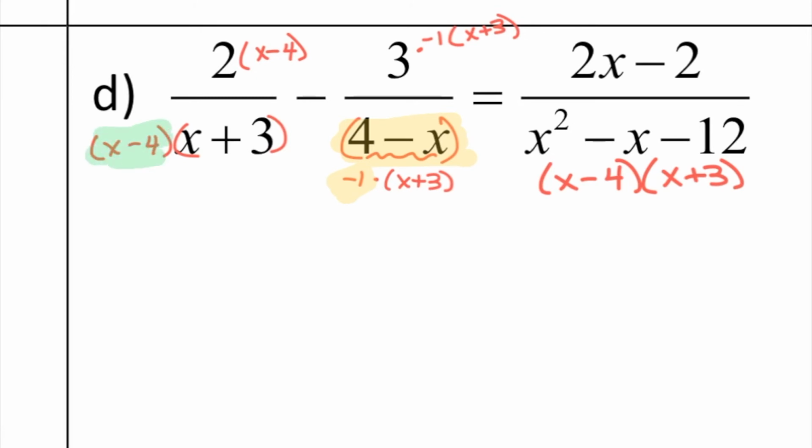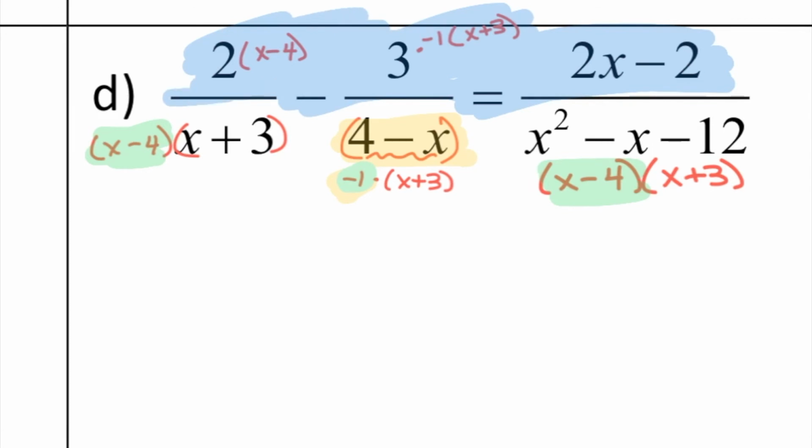Because it's x minus 4 here and x minus 4 here, you don't need to multiply by that extra -1. Now that you've got all the denominators the same, you're going to solve just the numerators here, that equation.